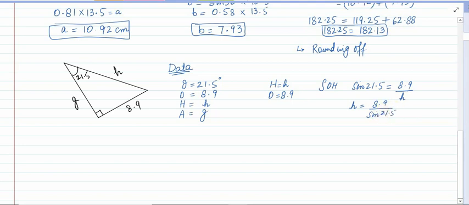So sine 21.5, it's 0.366. When you divide 8.9 divided by 0.366, it's 24.32.